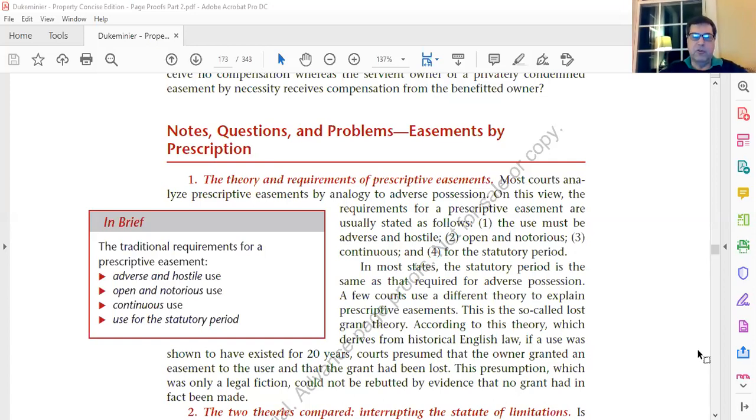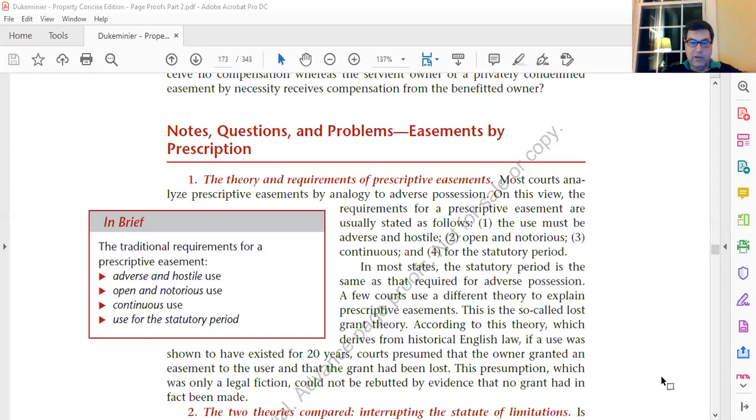They tell us that in most jurisdictions, it's the same statute of limitations period that you would have for an adverse possession claim. But they also tell us that there are a few jurisdictions that use a different theory to explain prescriptive easements. And there, the idea is that you have been using the land for long enough that the courts are just going to assume fictionally that there was some grant in the past that gave you the right to use it, and that's now been lost.